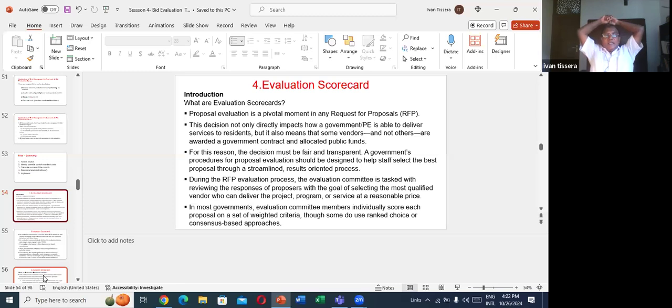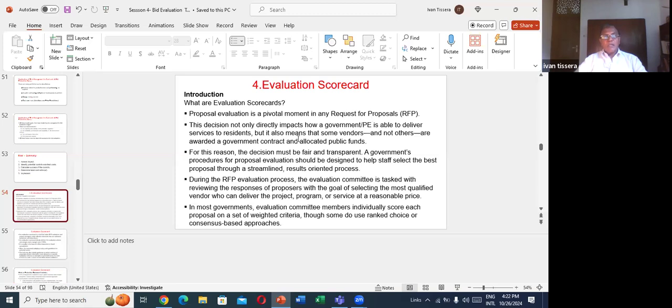Finally, there is another tool we can call an evaluation scorecard. It is also used by donor funding agencies, the World Bank especially. What are evaluation scorecards? Proposal evaluation is a pivotal moment in any request for proposal.